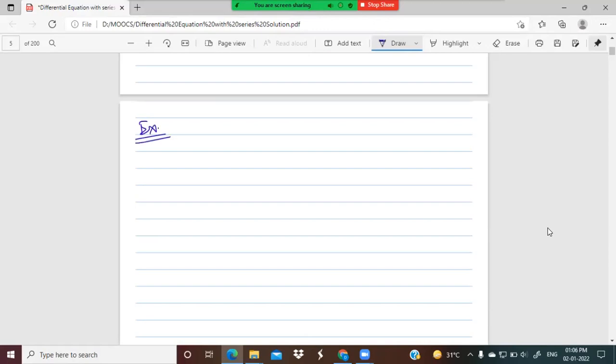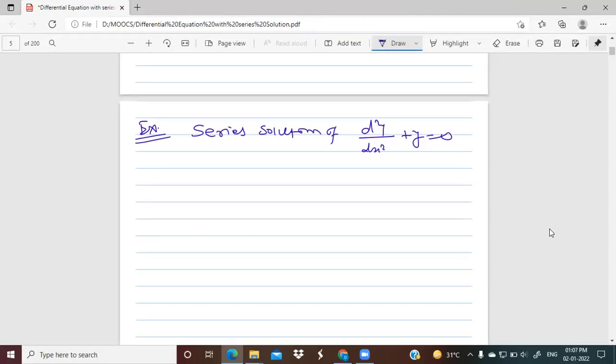Solve one example: I will find the series solution of d2y by dx2 plus y equal to 0. Actually, this is an easy one, but for practice I'm taking this example and I will try to find the series solution for this.